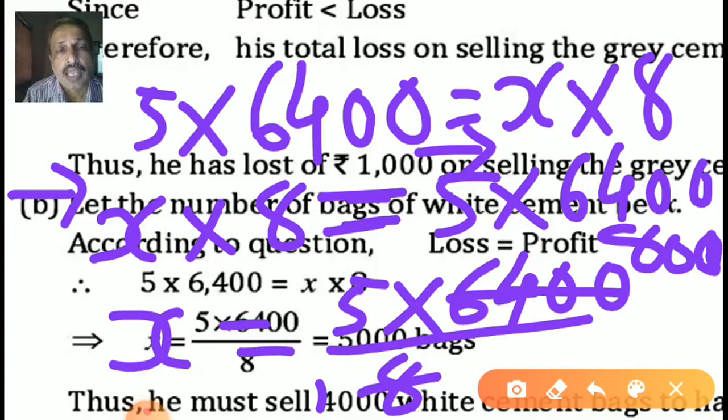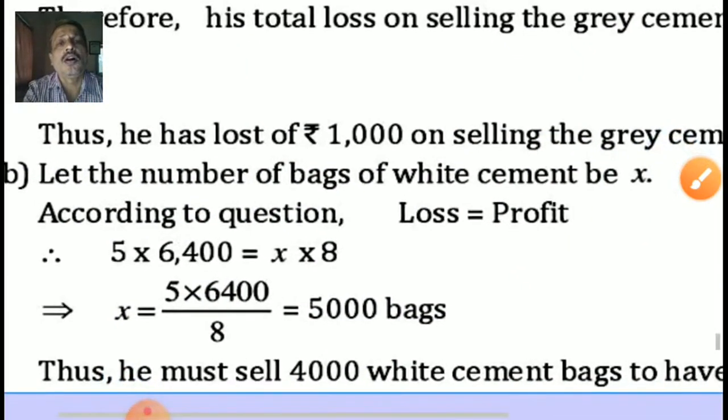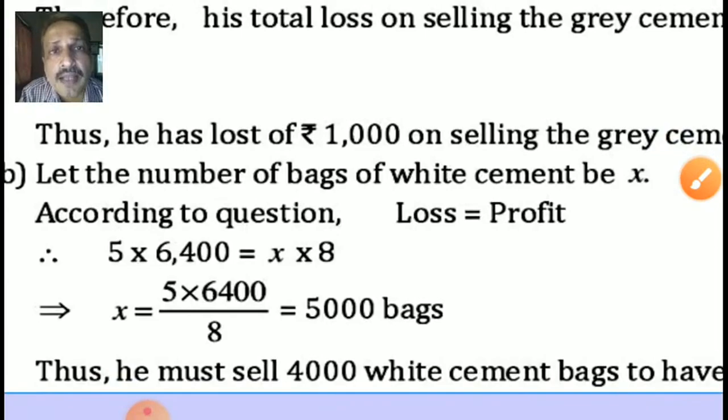4,000. If the company sells 4,000 white cement bags, then and only then will it make a profit equal to the loss of selling 6,400 grey cement bags.